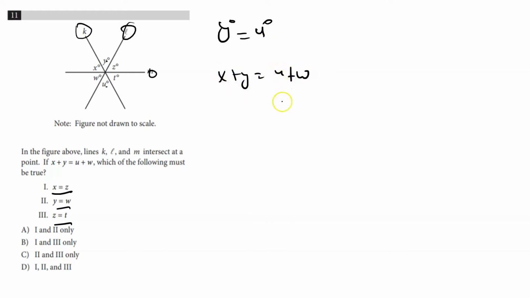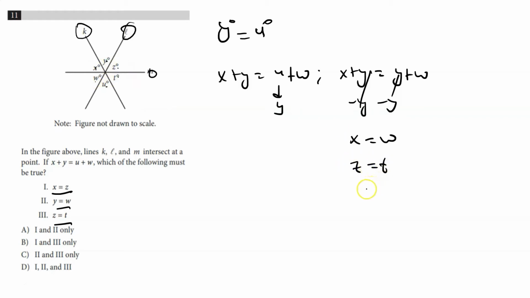But u is y, so we can rewrite this equation as x plus y equals y plus w. If we subtract y from both sides, it cancels. So we have that x equals w. And by symmetry, if these are equal, then z and t are equal.